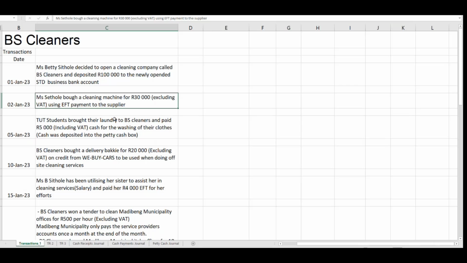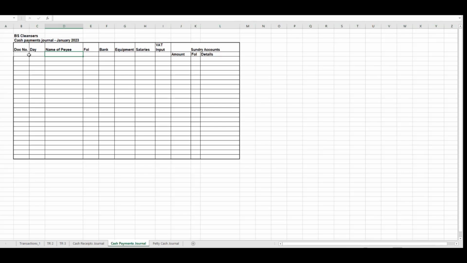Pashok. It's the cash payments journal. Why? Because we are paying, money is getting out of our bank. Yes, we are paying and money is getting out of our bank. That's the cash payments journal.